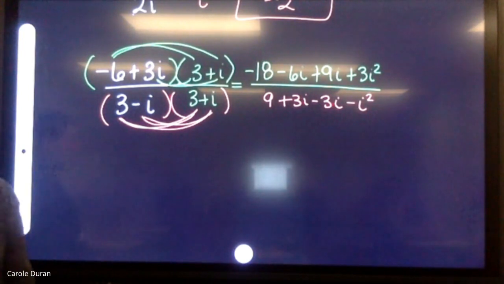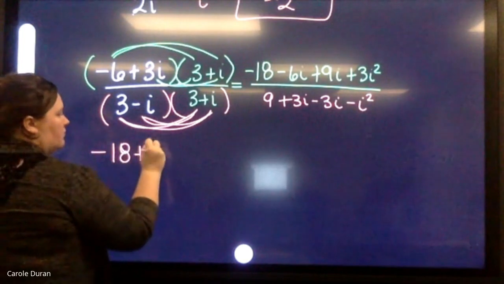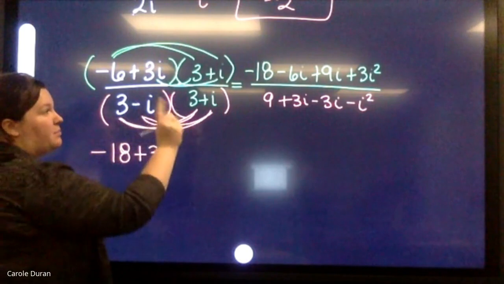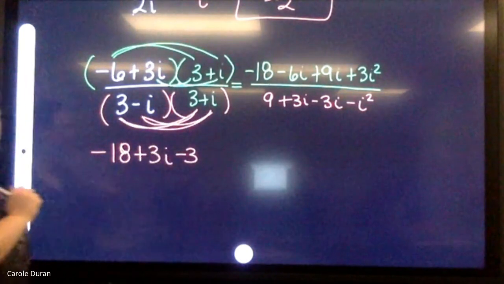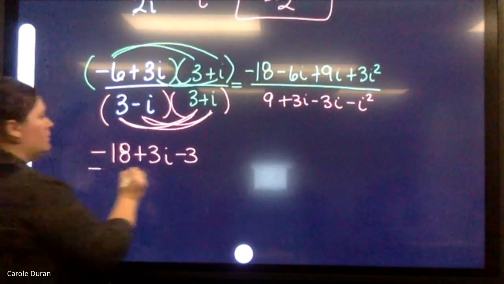What can I do in my numerator to make it easier to work with? Oh, so it's plus 3i, right? Yeah. And then -3, because 3i squared becomes 3 times -1, which becomes -3. Good.